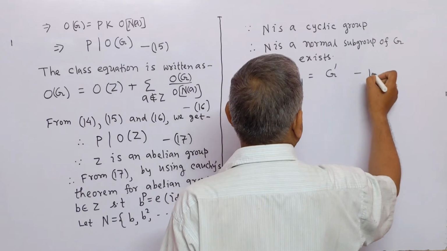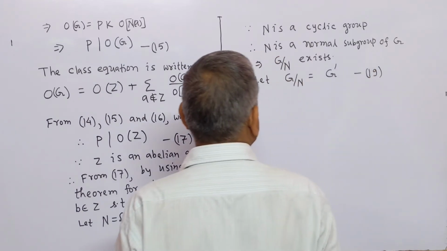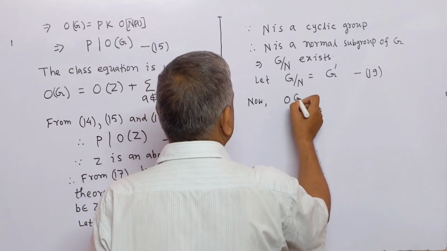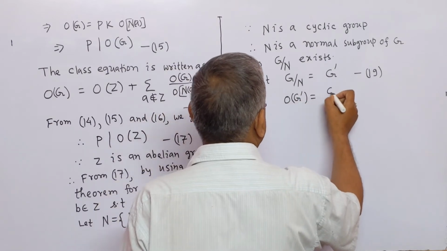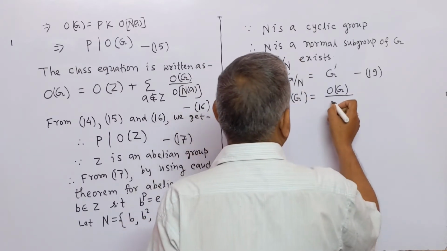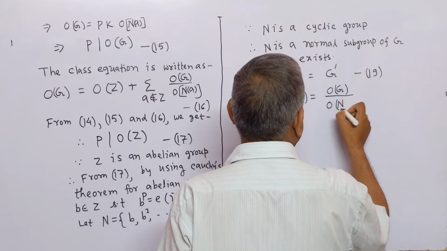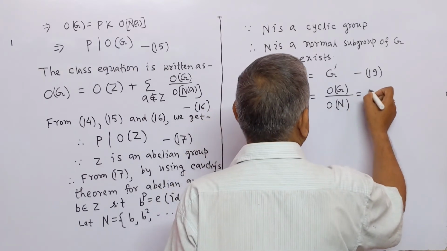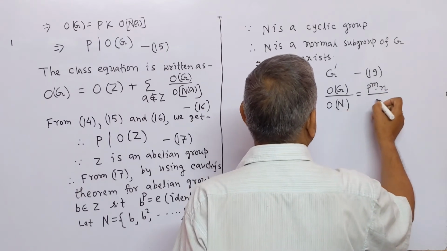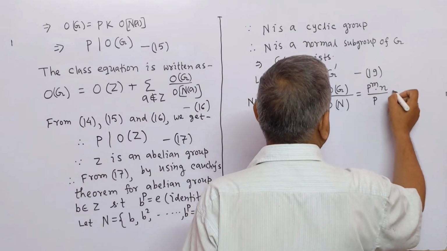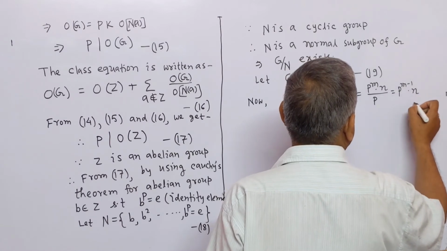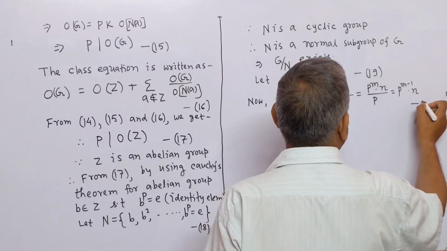Let this be number 19. Now, order of G prime equals order of G by order of N. Order of G is P to the power M multiplied by n, and order of N equals P, and this equals P to the power M minus 1 into n. This is number 20.